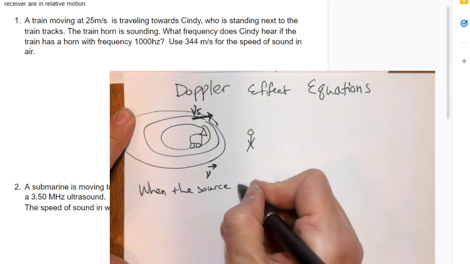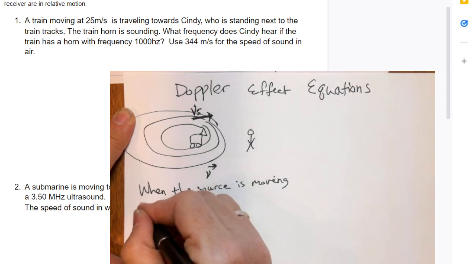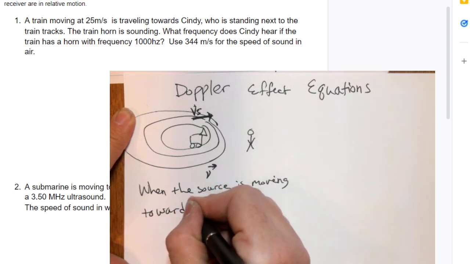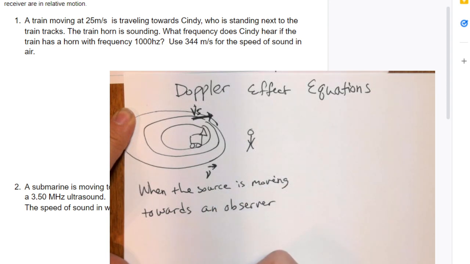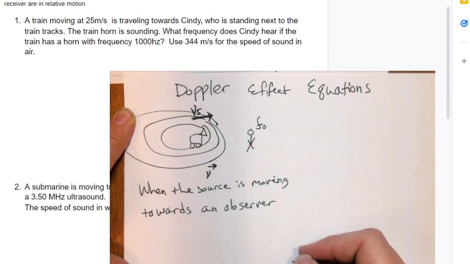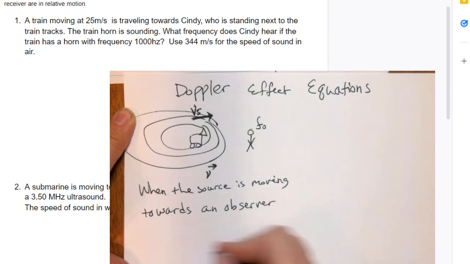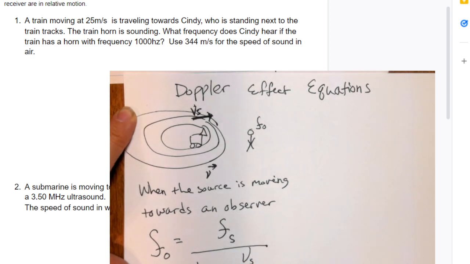When the source is moving towards an observer, then you can calculate the frequency observed by the observer, which is F sub O. Frequency observed by the observer equals the frequency emitted from the source divided by 1 minus velocity of the source over the speed of sound.